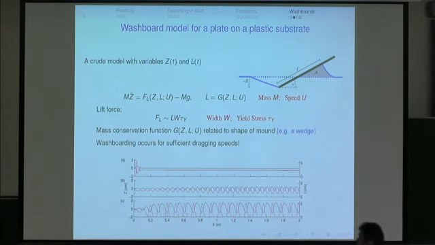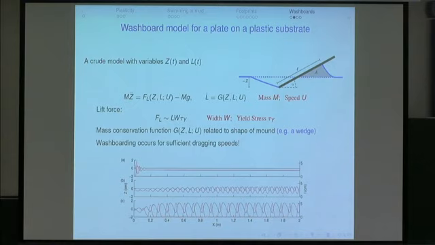The vertical equation of motion of the paddle is similar to what we had before for the footprint. We've got some lift force. Now it's going to depend upon the depth of penetration, the contact length, and the speed that you're towing at. The details of what this is come from something like a plastic indentation problem. For the contact length, you need to balance the masses of inflow and outflow into this mound, and the simplest way to do that is to assume some shape for it.